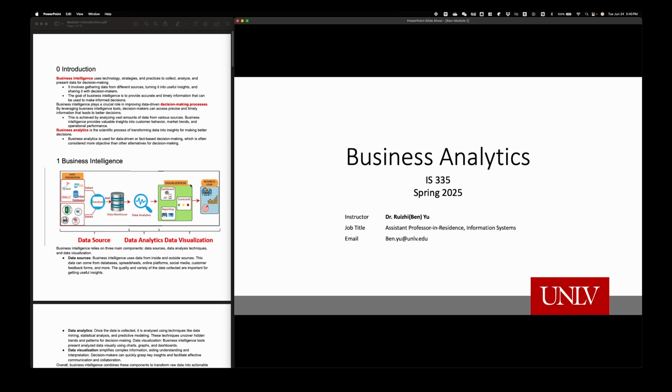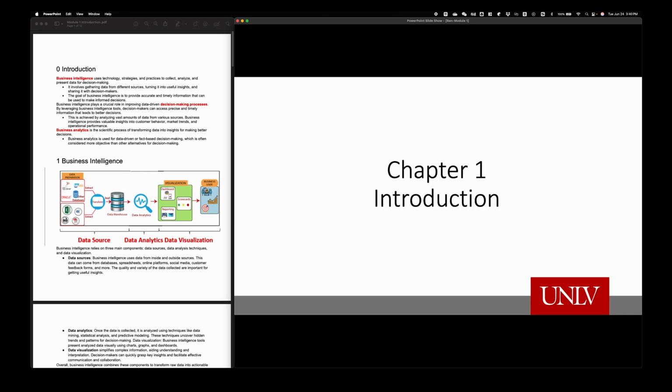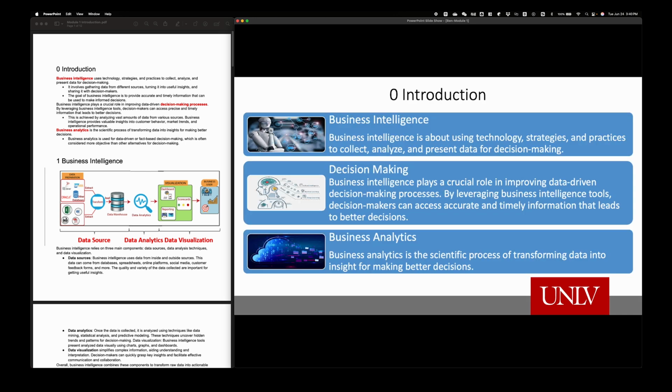In the first session, we're going to lay the foundation by understanding three important concepts: business intelligence, decision making, and business analytics. Business intelligence, or BI, is a broad concept. It refers to the use of technology, strategies, and practices to collect, analyze, and present data.